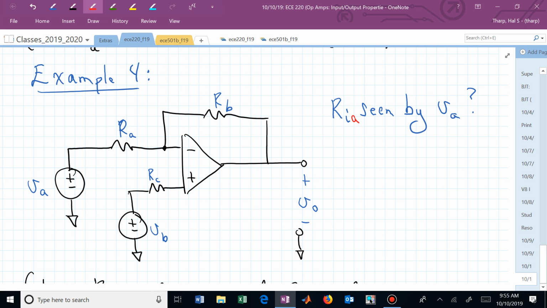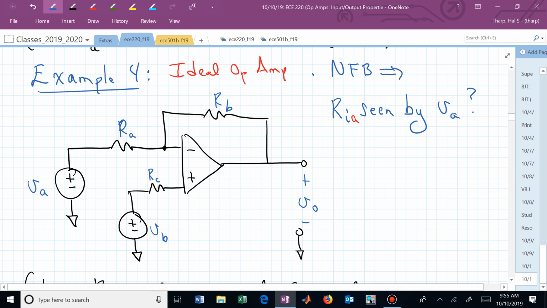And I don't know that I said it last time, I was just assuming it. We're assuming an ideal op amp again. And we have the necessary negative feedback, which now allows us to say that V sub P is equal to V sub N, or that's what we'll assume, and then we'll check what happens later. After we get the result, we would then say, are we in saturation or not?